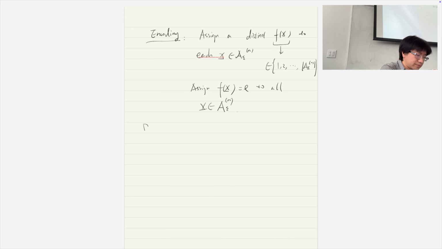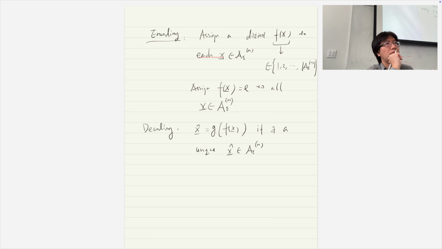Okay, for the decoding, x hat will equal g of f(x). We say x hat equals this if there exists a unique x hat that is in the typical set, and then we just decode it.